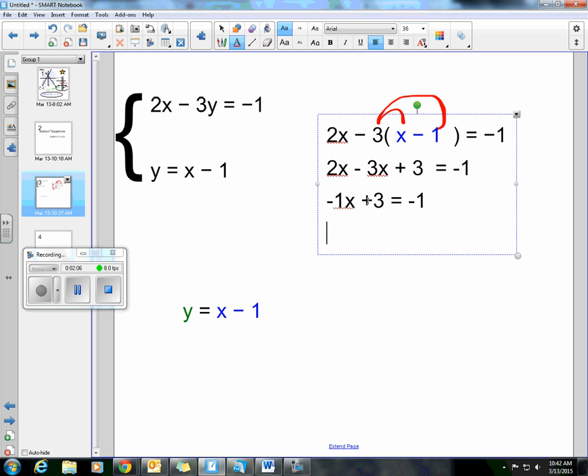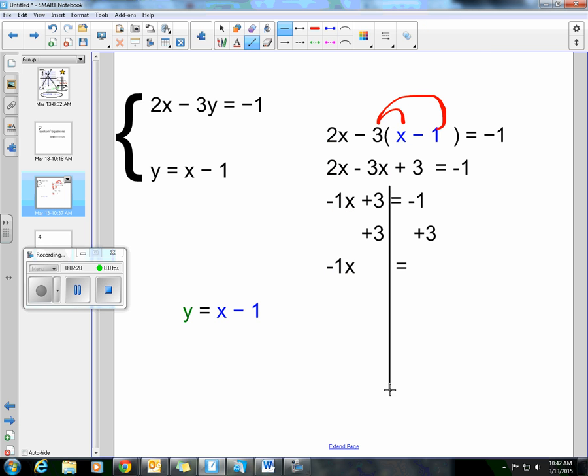So now we're going to add 3 to both sides. If I did train tracks, it would be plus 3 on this side, and plus 3 on this side, and you'd be left with negative 1x equals negative 1 plus 3, which is 2.